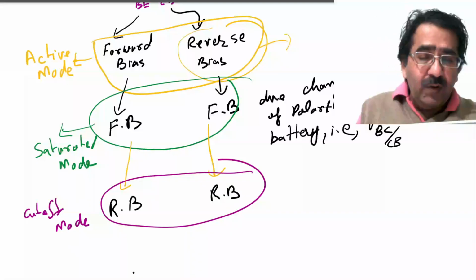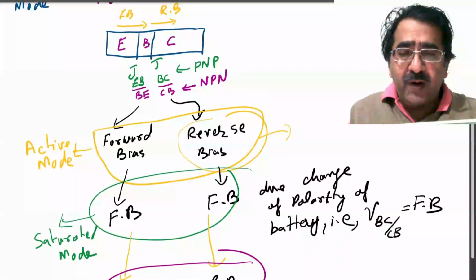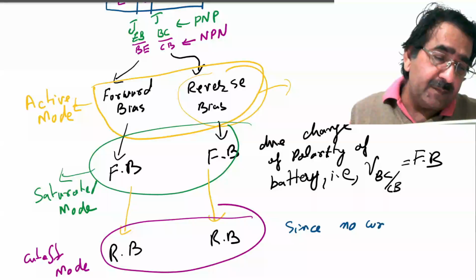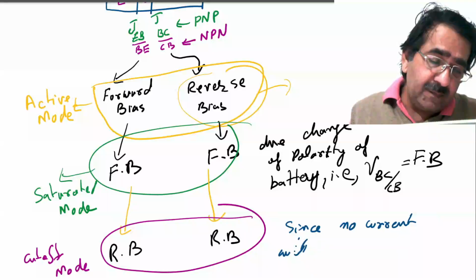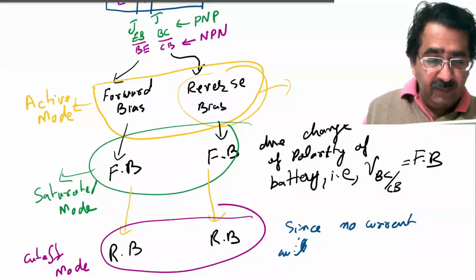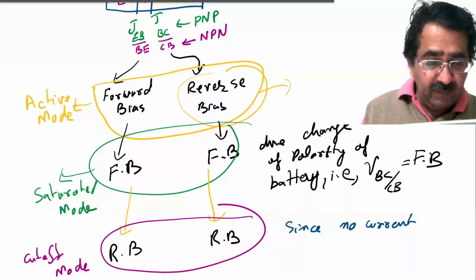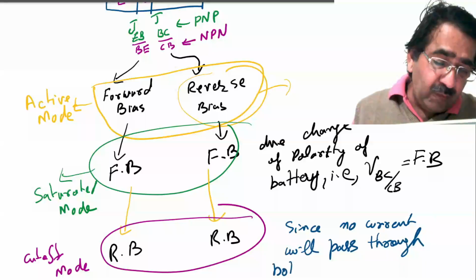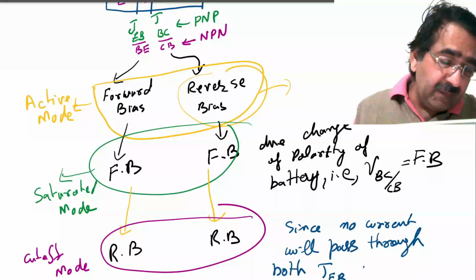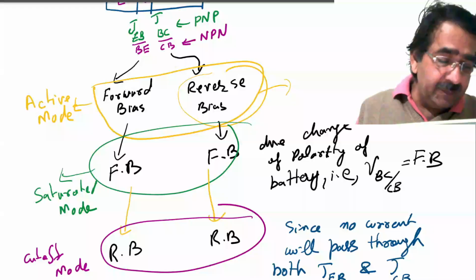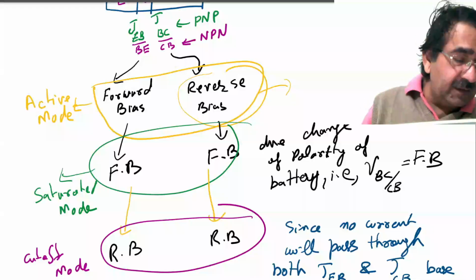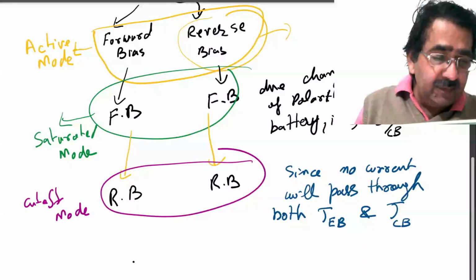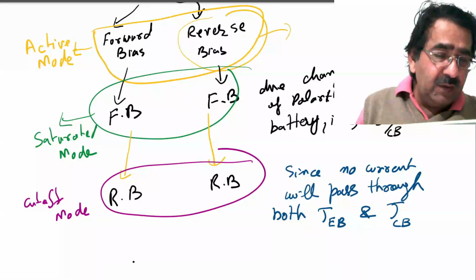Okay. In this cutoff mode, because both are reverse bias, no current will start to flow from emitter to base, and since no current will pass through both the emitter-base and collector-base junctions, no current will pass through.